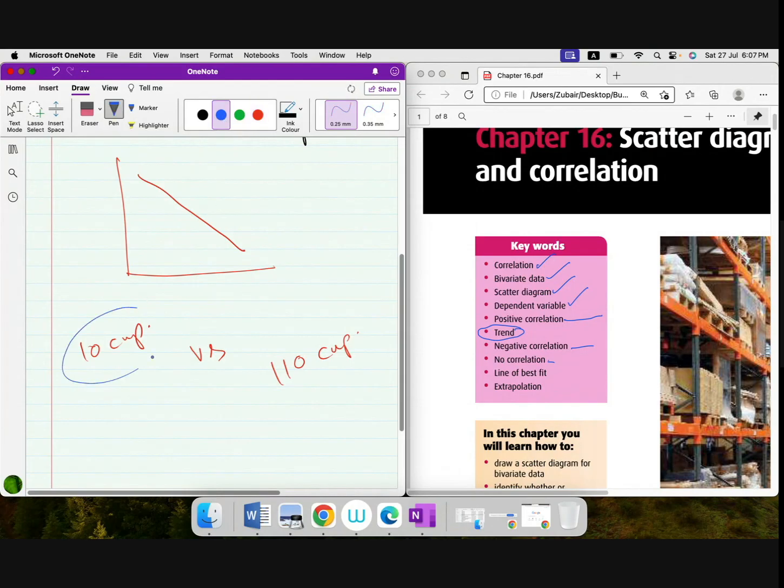Maybe when we are buying 10 cups, the shopkeeper is charging us $1 per cup, and when we are buying 110, maybe he's charging us 0.85 per cup. So see, when we increase the number, the price is decreasing. So it is negative correlation.